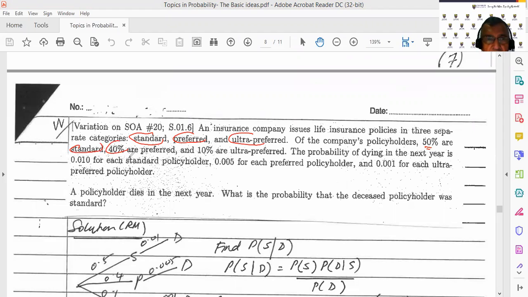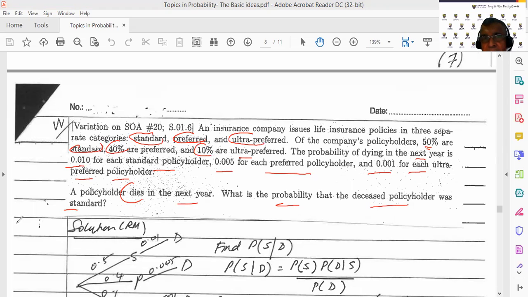So 50 plus 40, that leaves us 10%. Yep, correct, 10% are ultra preferred. The probability of dying in the next year is 0.01 for each standard policyholder, 0.005 for each preferred policyholder, and 0.001 for each ultra preferred policyholder. Great. Now, a policyholder dies in the next year. What is the probability that the deceased was standard?